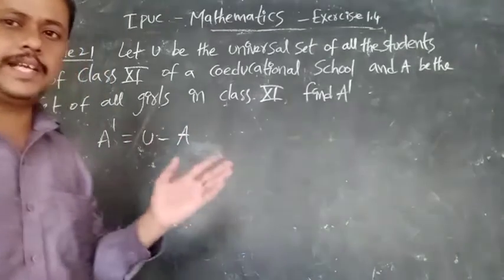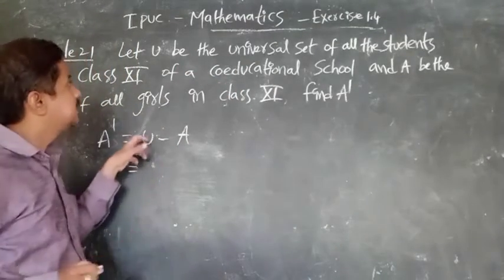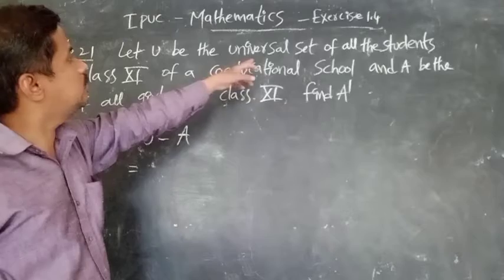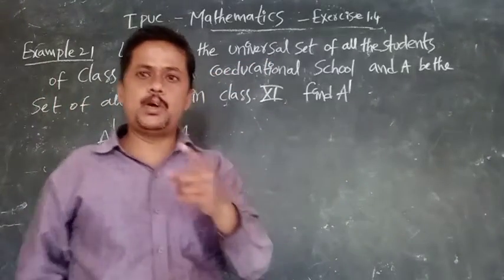The universal set minus set A. What is the universal set? The set of all the students of class 11, that is, first PUC students.